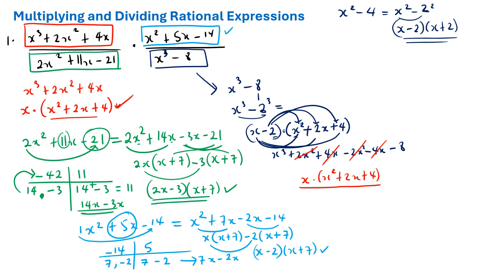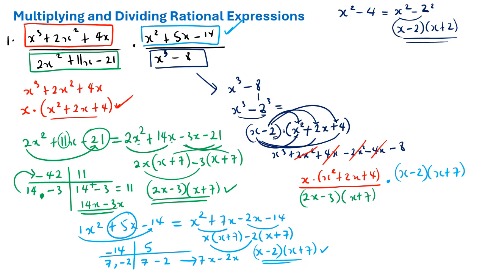So we got 2x minus 3 multiplied by x plus 7 in factored form. And then we did the light blue, and we're multiplying now, the light blue here was factored into x minus 2 and x plus 7.